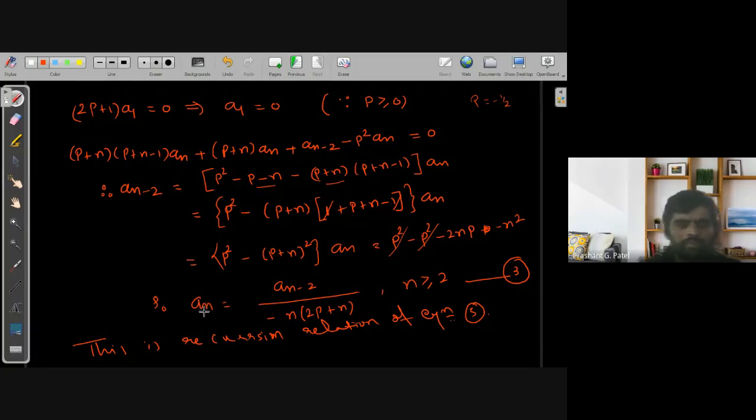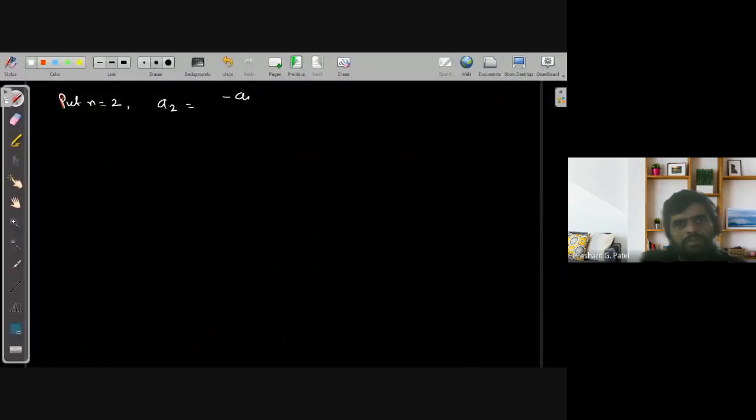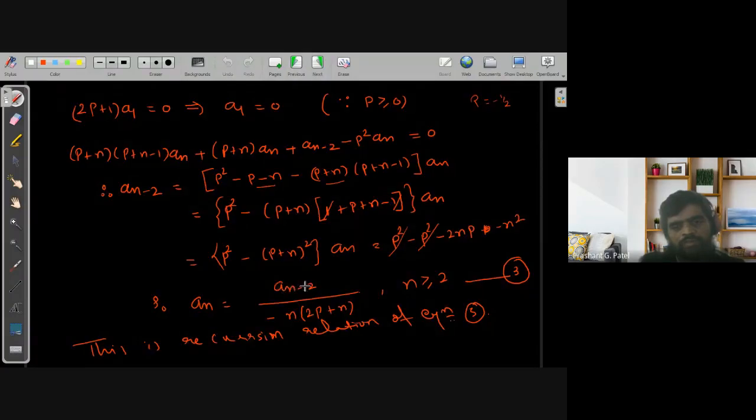So putting n equal to 2, a2 equals minus a0 upon 2 into (2p plus 2), because the minus sign I take in the numerator.